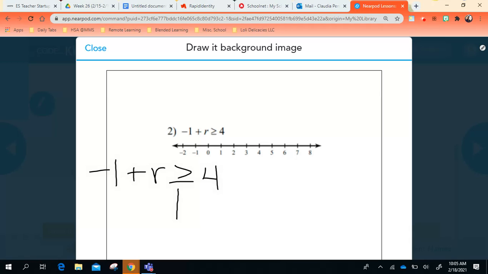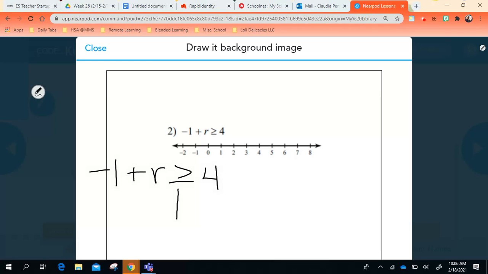That's not an equal sign, it's an inequality sign. Before you graph it, you can just ask yourself, when I solved it, what did I have to do first?